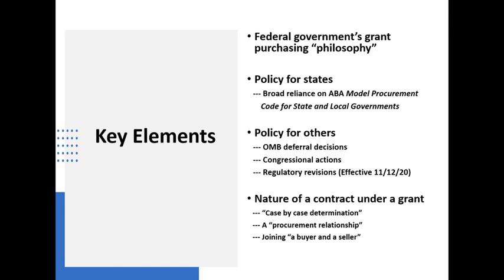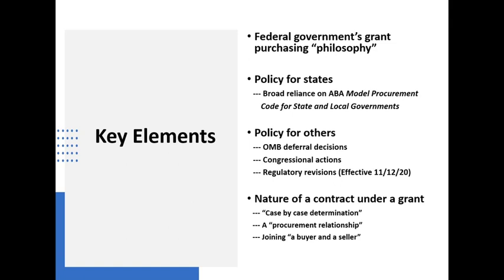Now, the so-called pass-through entity, which is that primary grantee, has to make a case-by-case determination of whether the transaction that they're getting into constitutes an assistance transaction or a procurement transaction. And those terms are very, very important because a procurement transaction is joining a buyer and a seller together.